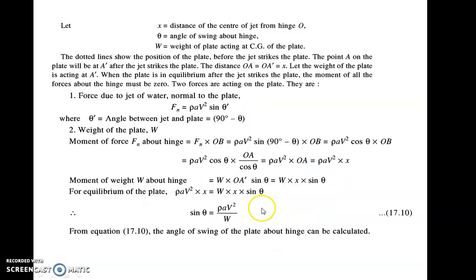So Fn is already rho a v square cos theta into x upon cos theta. So cos theta gets cancelled. It is rho a v square into x, that is the moment of Fn, and for W we have seen W into x sine theta, that is the moment for the weight. If you equate this, rho a v square into x is equal to W into x sine theta.